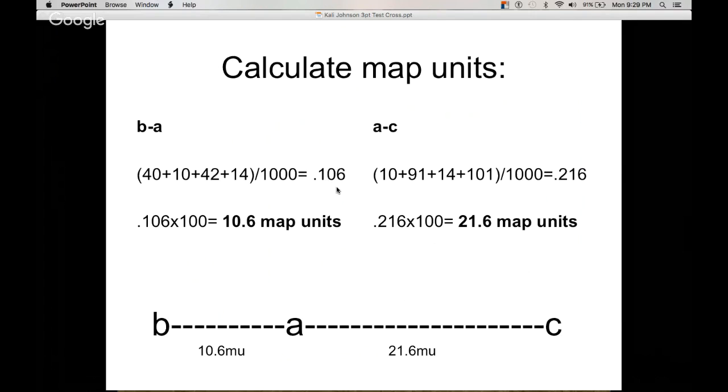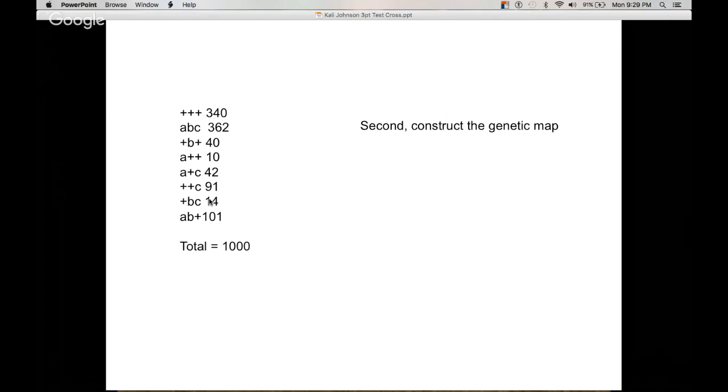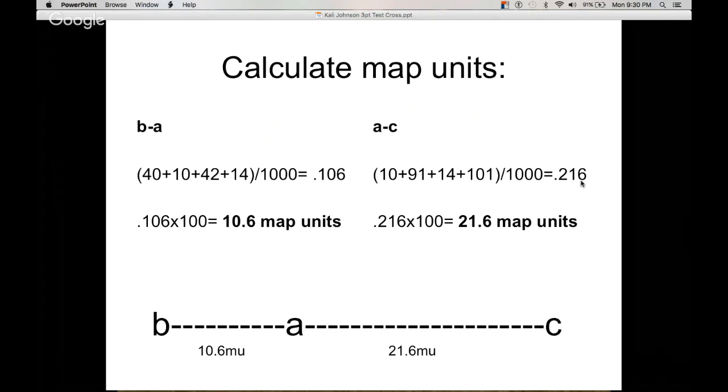You get 0.106 times 100, and you get 10.6 map units. And then for A and C, you also have to find them in trans, which is this one, this one, this one, and this one, and add all those up and divide it by 1,000, and you get 0.216. Multiply that by 100, and you get 21.6 map units.